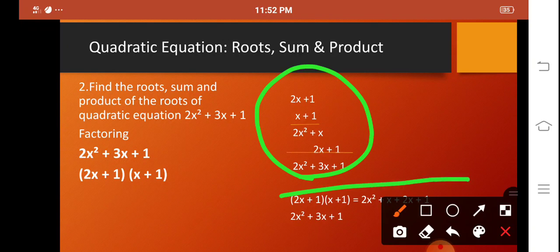Then 1 times 1 is 1. Combine like terms: we have 2x squared, then x plus 2x is 3x, then bring down 1. So we have 2x squared plus 3x plus 1. So our factors for 2x squared plus 3x plus 1, which are 2x plus 1 and x plus 1, are correct.